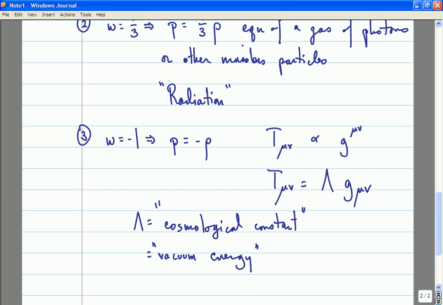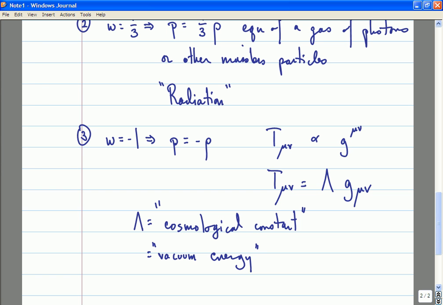I think the existence and the properties of the cosmological constant are one of the main unsolved mysteries remaining in the theory of general relativity, and so it's something that we'll spend a fair amount of time discussing as this course proceeds.